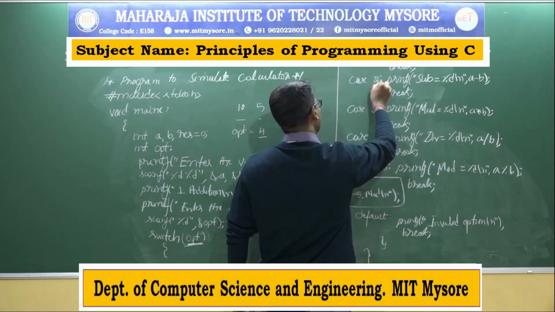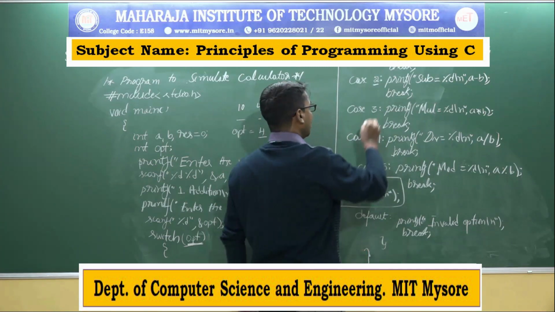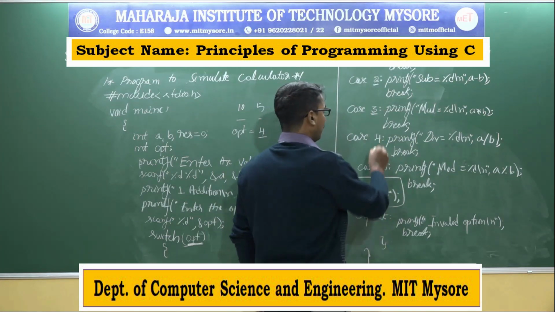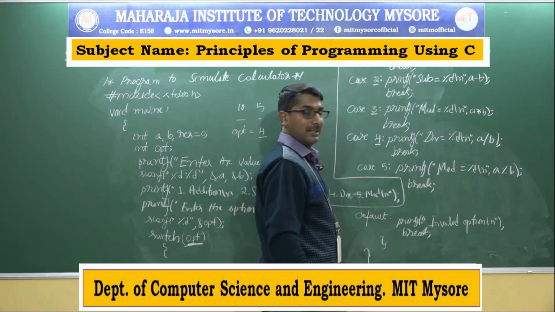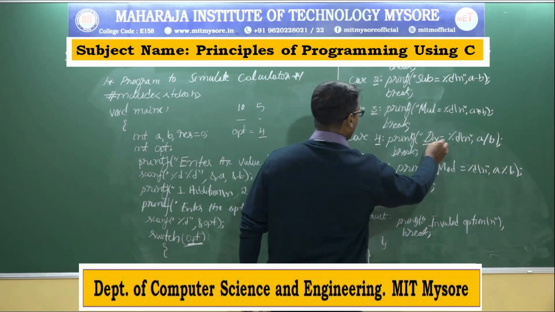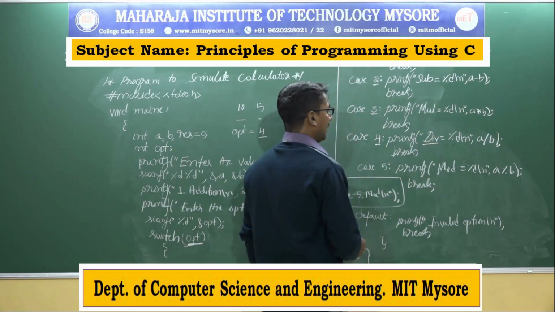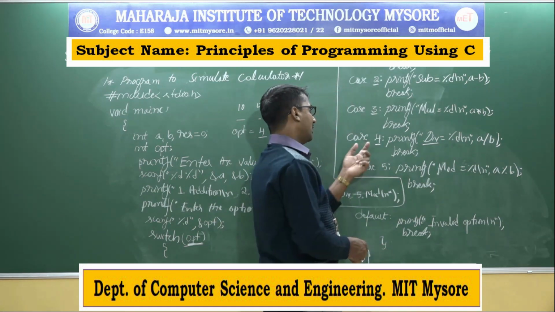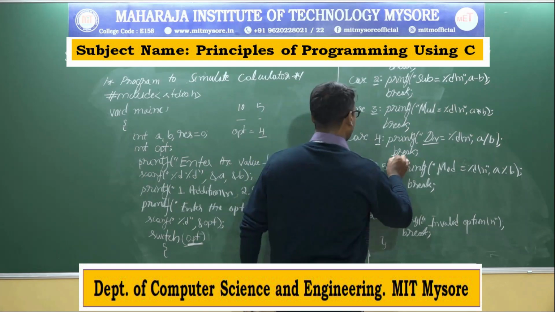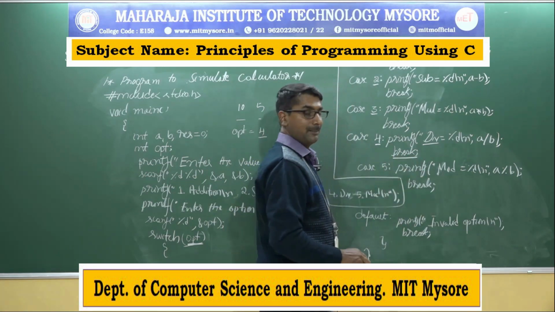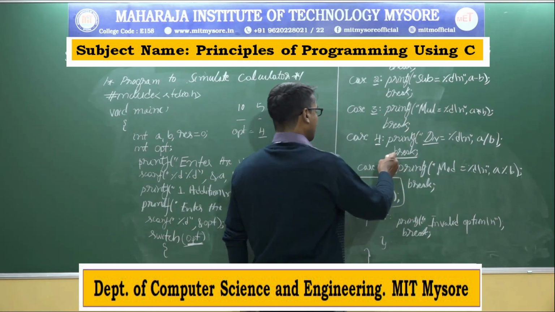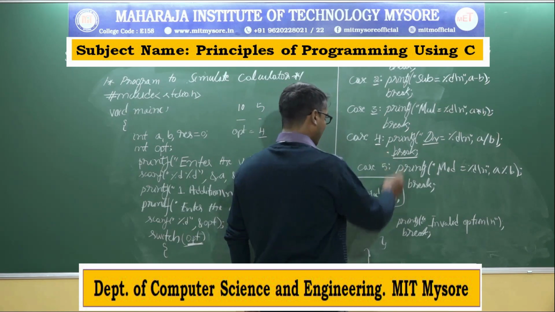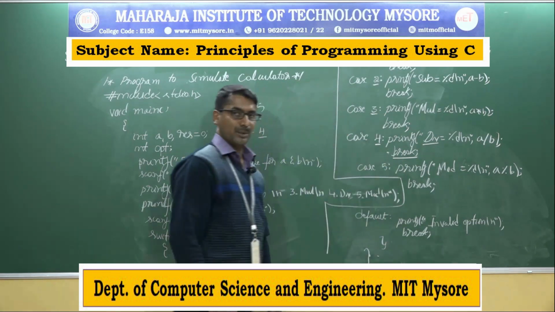Then 2, 4 not match, 3, 4 not match, then 4, 4 will match. Once it matches, it will execute the statement printf "div is equal to %d\n", a divided by b. After executing this statement, it automatically executes the break statement. Once it executes the break statement, the control is transferred to the end of the program.